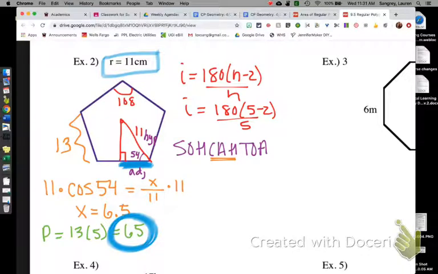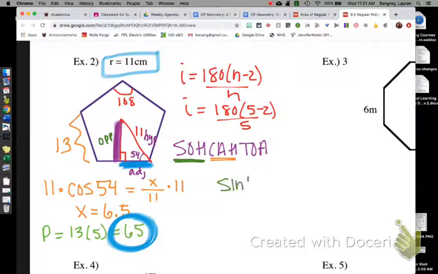Which means the next thing that we need to find is the apothem. So here's the apothem that I'm highlighting dark in purple. So we're going to have to use trig again. This time our trig is going to be needing the opposite side, and we know the hypotenuse, so we're going to be using sine.